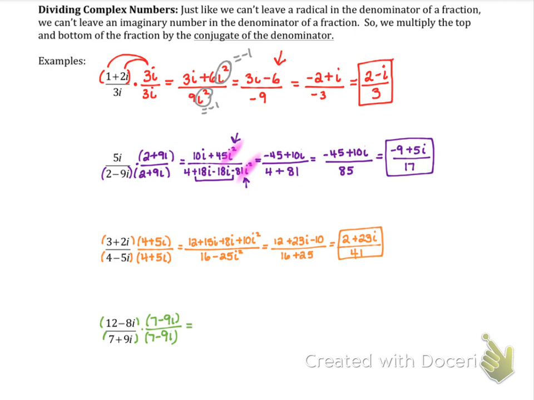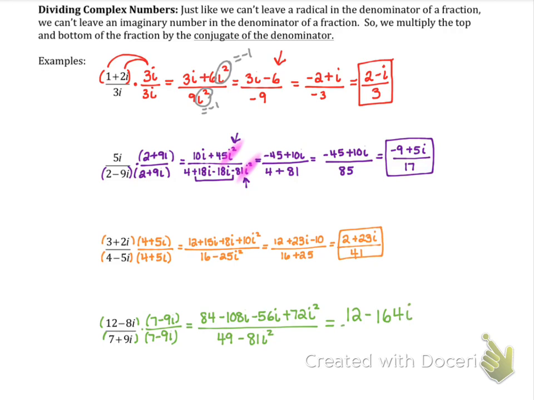All right, so my numerator becomes 84 minus 108i minus 56i plus 72i squared, all over 49 minus 81i squared. That simplifies into 12 minus 164i.